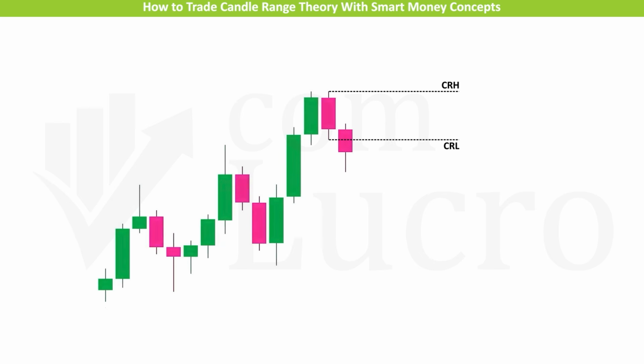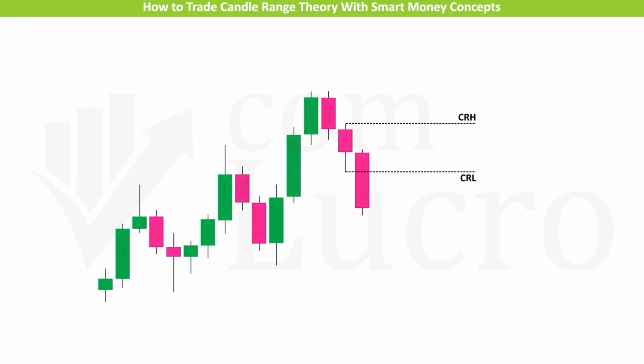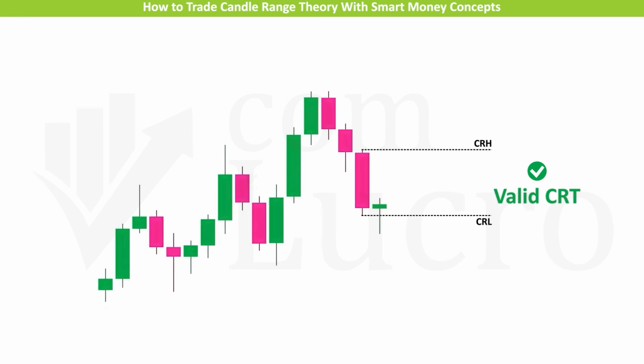If the next candle breaks below and closes outside the range, the setup becomes invalid and we move on. Then, we repeat the process with the next bearish candle. This continues until we find a candle that sweeps below its low but closes back inside its range. That's when we have a valid CRT setup.